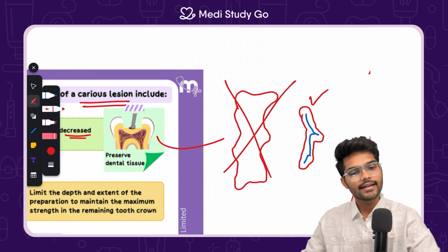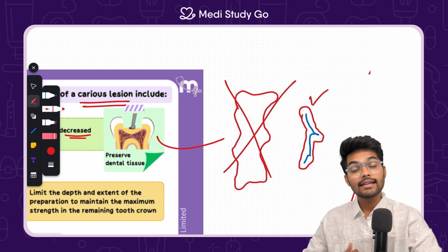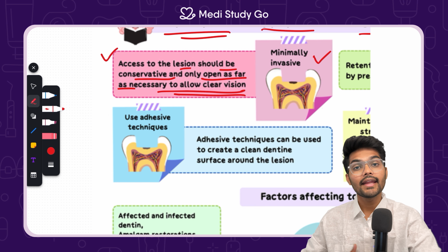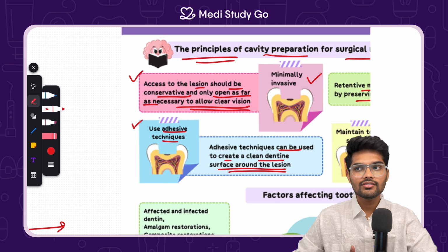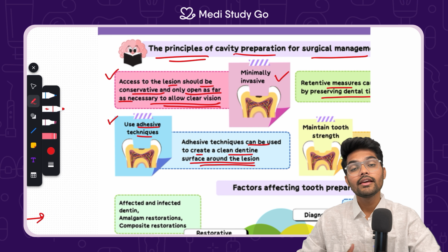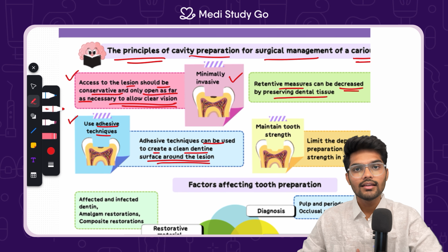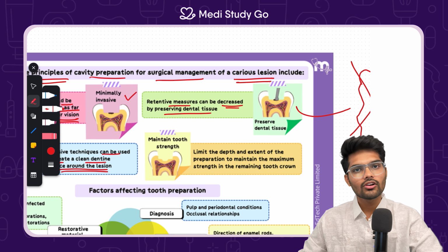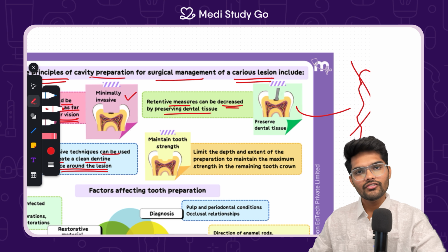We do not need any retentive features, and the reason why we do not need them brings us to the third principle, using adhesive techniques. Adhesive techniques can be used to create a clean dentin surface around the lesion. As we have studied in one of our previous videos, we need sound dentin. So with the help of this and using adhesive techniques, we definitely do not need any additional retentive features.